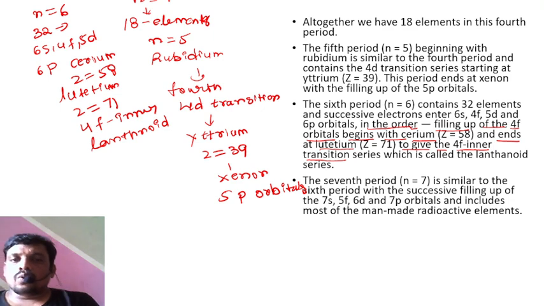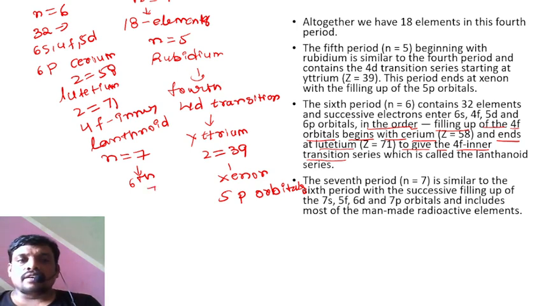Now, the seventh period, n equal to 7, is similar to the sixth period, with the successive filling up of 7s, 5f and 7p orbitals, and includes most of the man-made radioactive elements.